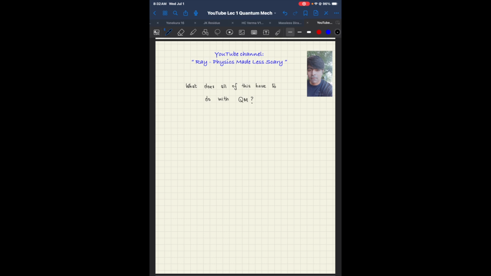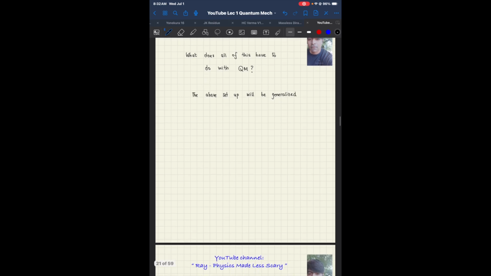So the above setup will be generalized. Good. So let me briefly show you how the generalization happens.